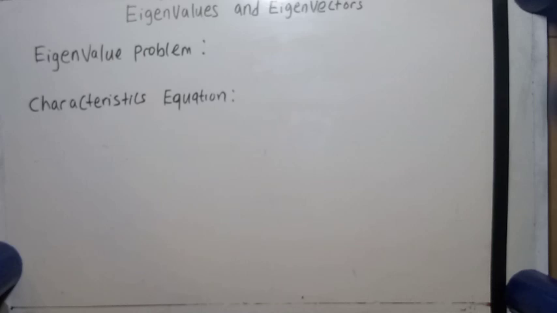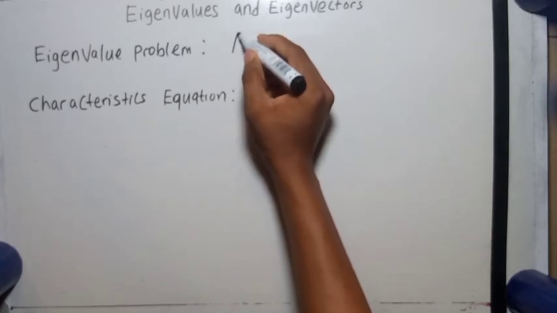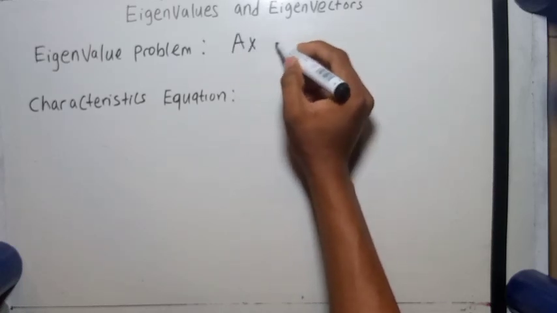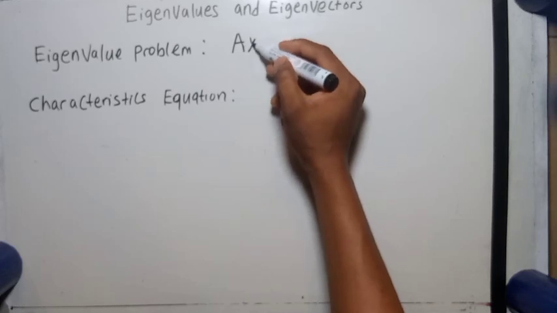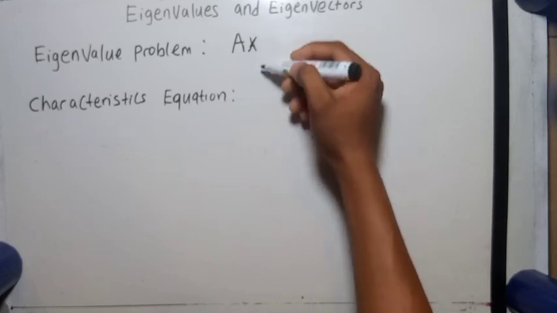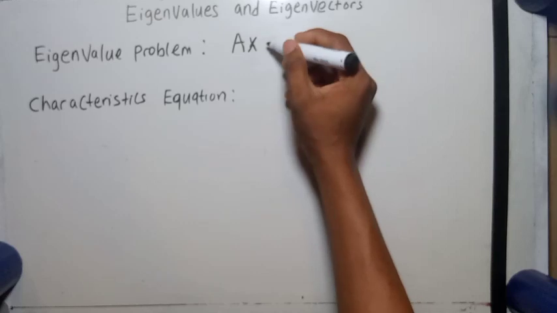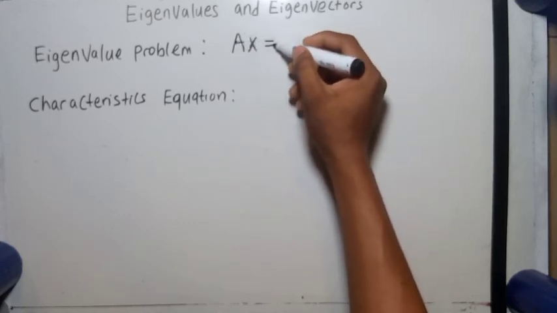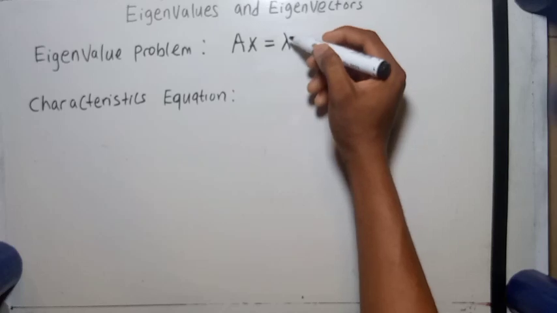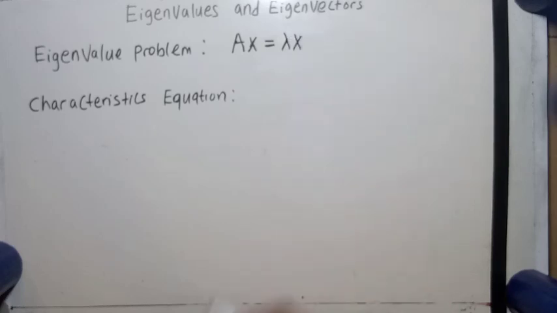For us to express an eigenvalue, this is the formula we use. Where A is a square matrix, X is representing the variables which are in a single column but as many as rows of your A, and it's all equal to your lambda, which is a scalar, multiplied by your X.